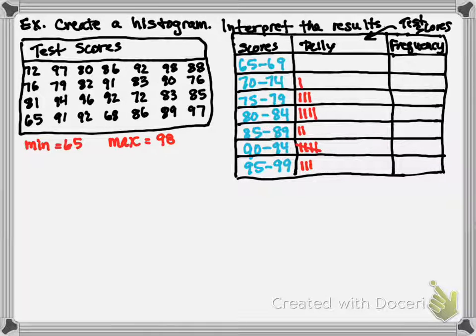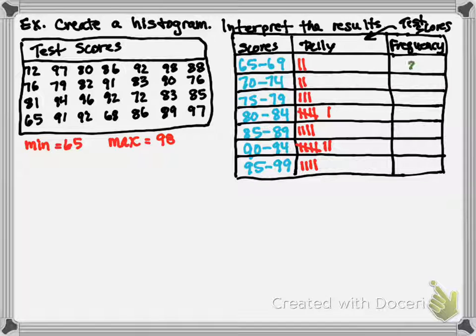So remember, when we have a group of 5, we slice through them. Let's see, so that was 92, 72, 83, 85, let's see, 65, finally one in that group, 91, 92, 68, 86, 89, and 97.